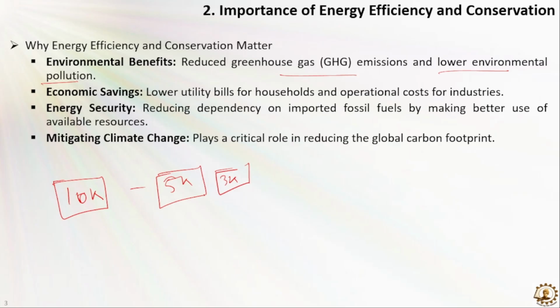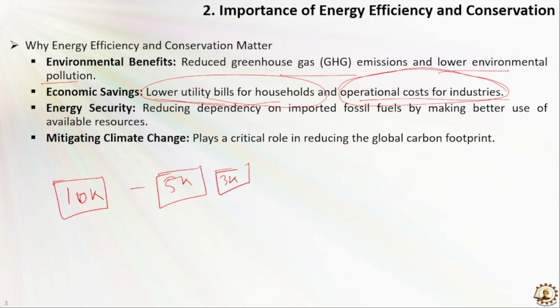So we can go for economic savings as well, as it will reduce the demand for energy. We get lower utility bills for households, and operational costs for industries will also be lowered by introducing some technological advancement. It is required for technological advancement in industry, and for households, it is the behavioral aspect of an individual.